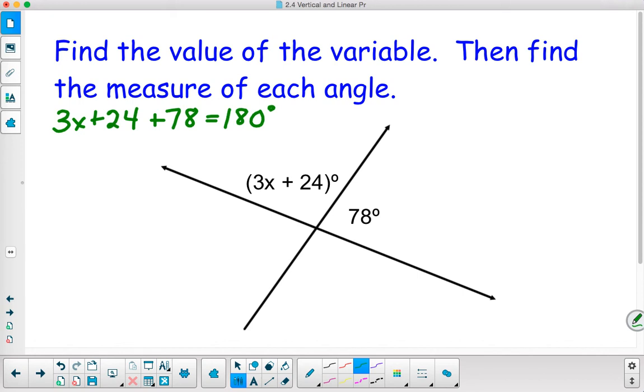Okay, so 78 and 24 add together to 102. So 3x plus 102 equals 180. Subtract 102, 78. Divide by 3, 26.